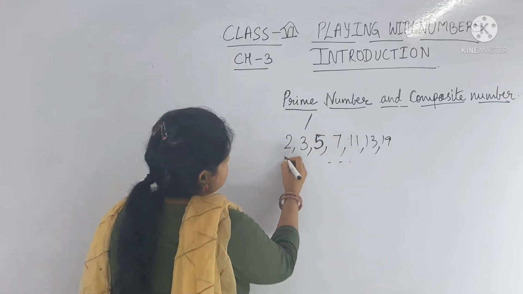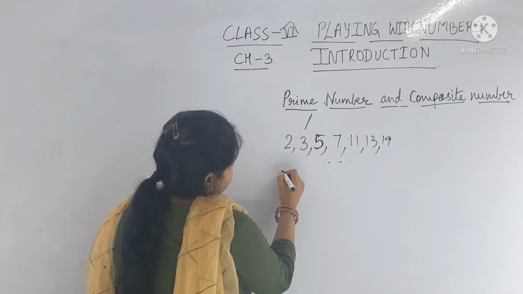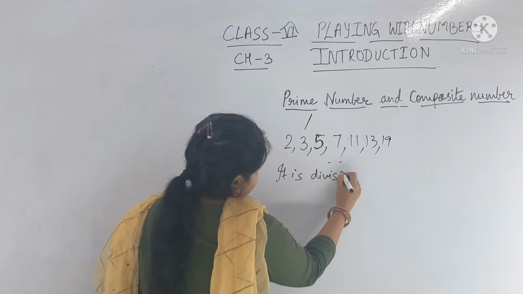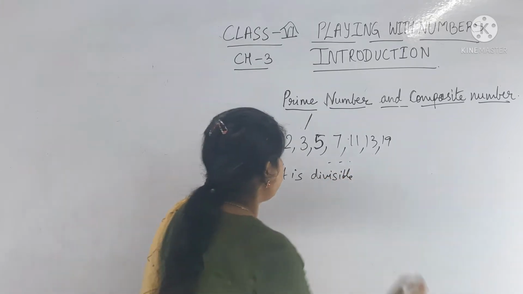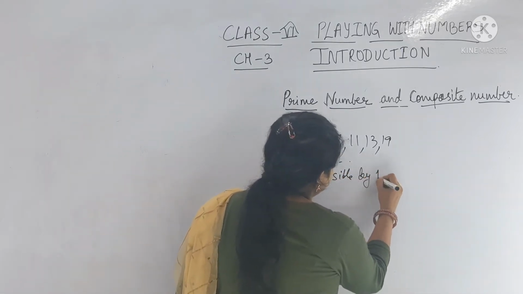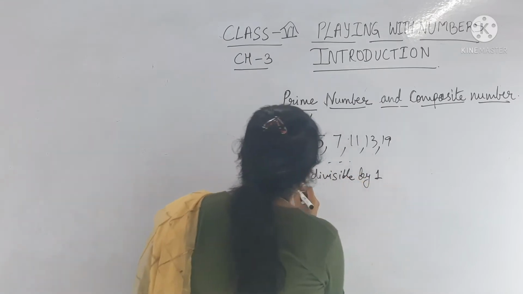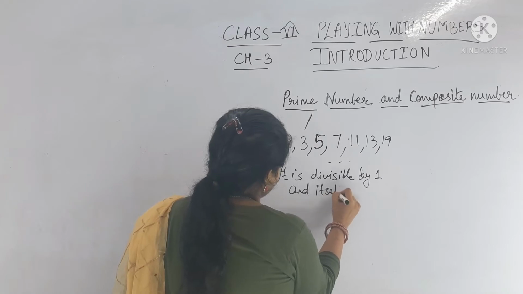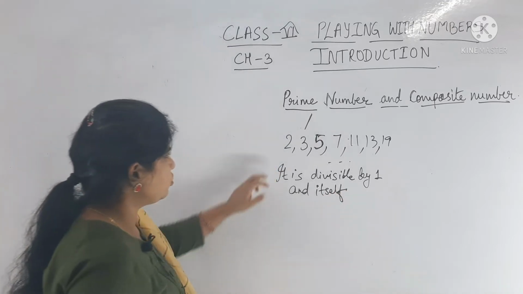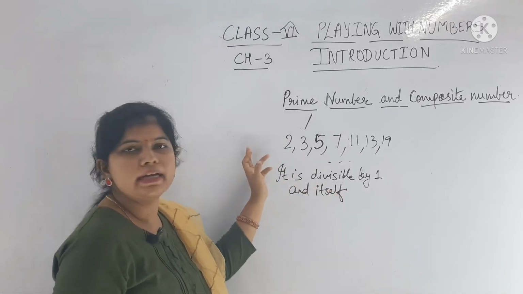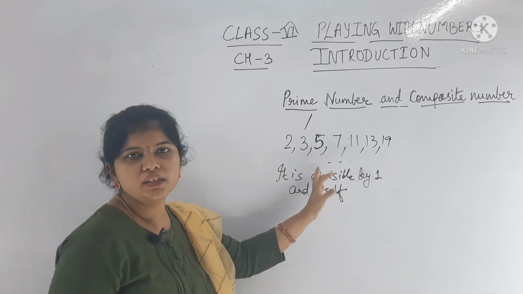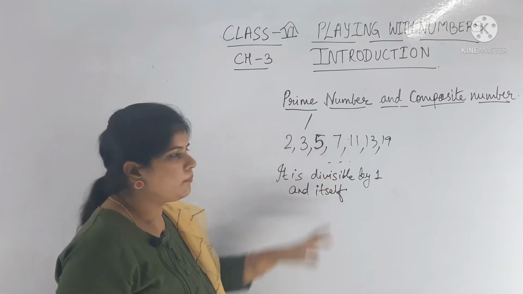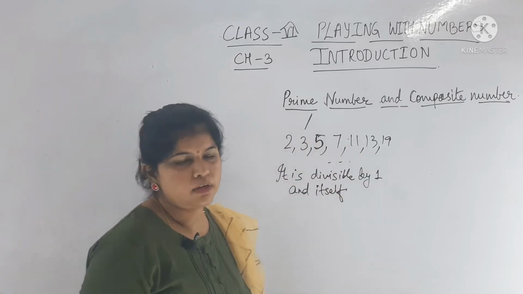So a prime number means it is divisible by 1 and itself. Okay, means 2 has the factors 1 and 2, 3 has the factors 1 and 3. In any table they will not come. Okay, so these are the prime numbers.